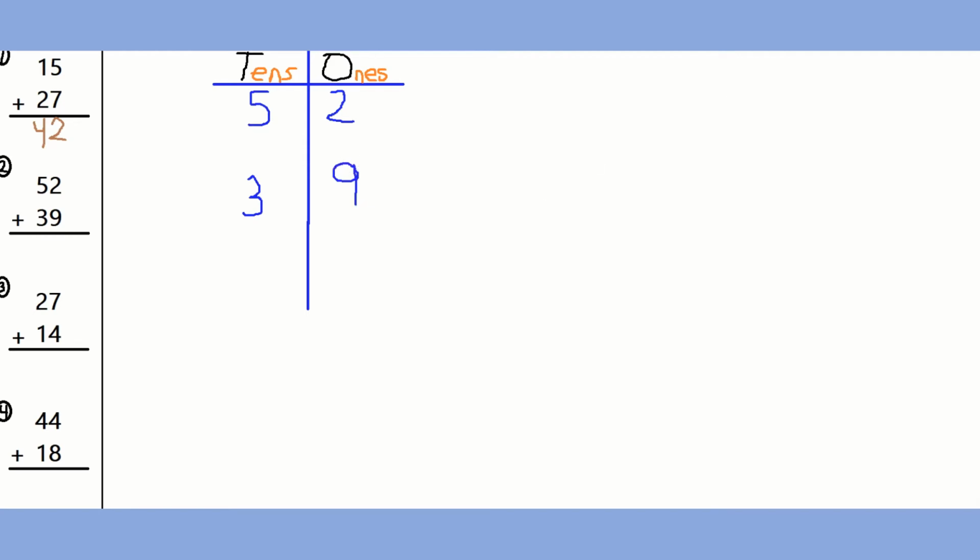Now let's get to drawing. So it tells us that we need 2 1s. 1, 2. Okay. And then it tells us that we need 9 more 1s. 1, 2, 3, 4, 5, 6, 7, 8, 9.